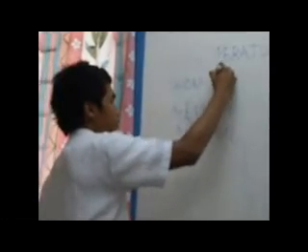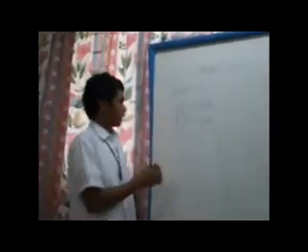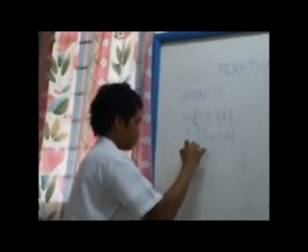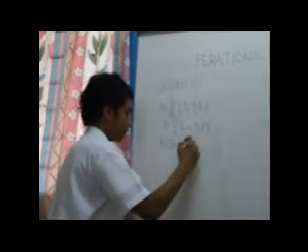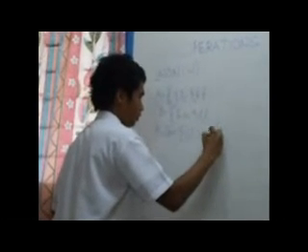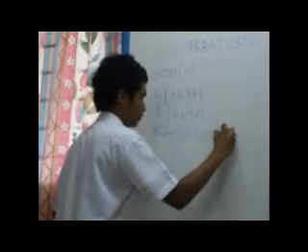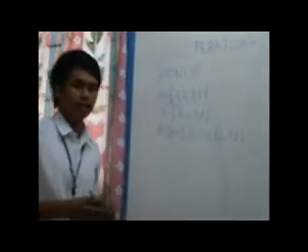The symbol for union is this, because it is the first letter of U. If we do this in union, the output is like this. That is union.